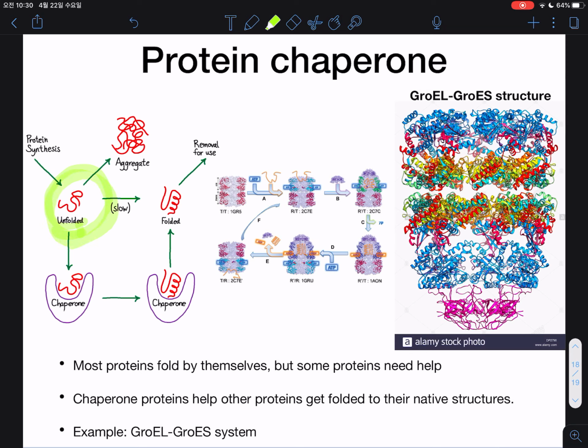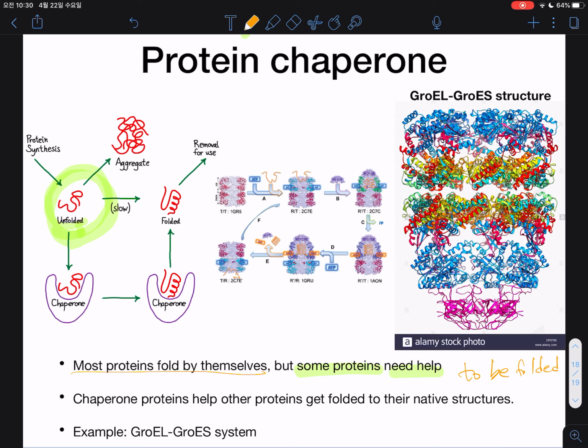In such cases, some proteins need help to become folded. So in that case, the protein chaperone helps.